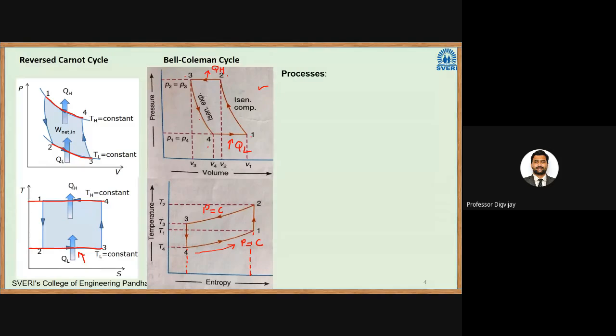We'll see what the processes are. 1 to 2 is isentropic compression. Isentropic means the entropy remains constant. In the TS diagram, you can see that from 1 to 2 the entropy remains constant. If I take this as S1, then S1 is equal to S2. Entropy at point 1 is equal to entropy at point 2, so that is why it is an isentropic process.